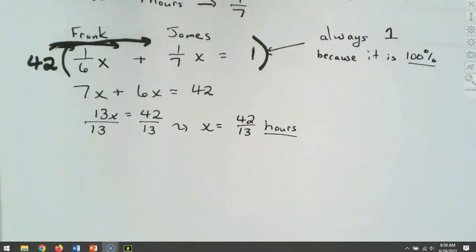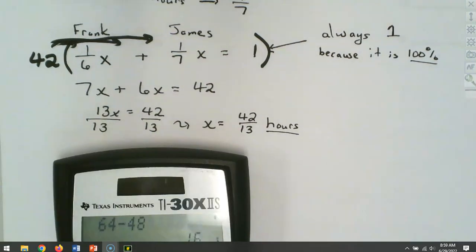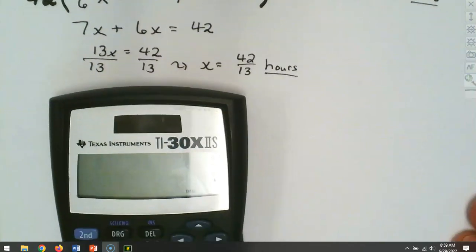Now let's see if that actually makes sense. So what do we know here? Well, we know that Frank can do it by himself in 6 hours, so our answer has to be less than 6 hours. If it's more than 6 hours, then we know we made a mistake because he could do it by himself with no helper in 6 hours. So let's use our calculator to check real quick.